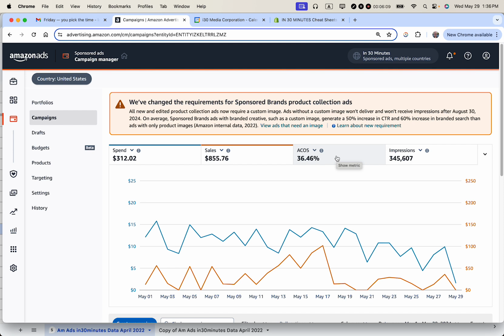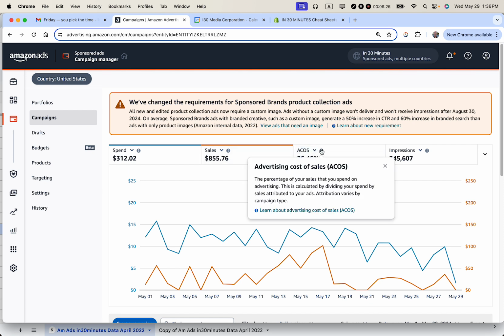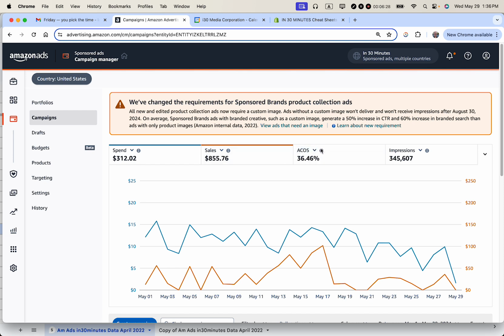Amazon doesn't say that outright, but I've heard some agency people, advertising agencies, suggest that, oh yeah, it's 100%, so you're breaking even, and that's not true because ACoS measures advertising cost of sale. The sales is Amazon's gross sale, not the revenue that you're getting, much less the profit that you're getting. So that's why I totally ignore this particular metric, and I use those two hidden metrics I was talking about before, spend per sale and conversion rate, to evaluate my campaigns.